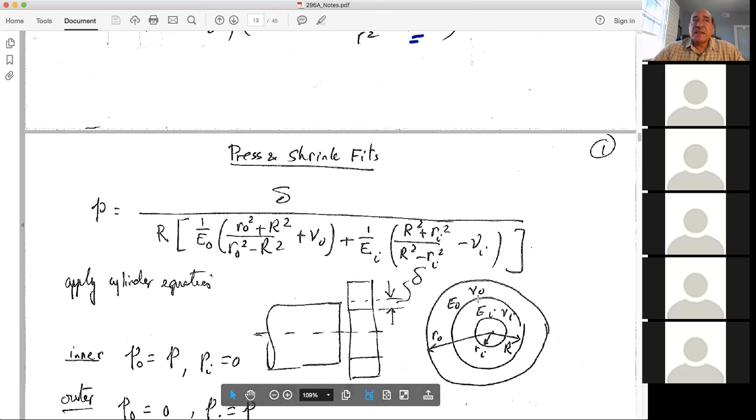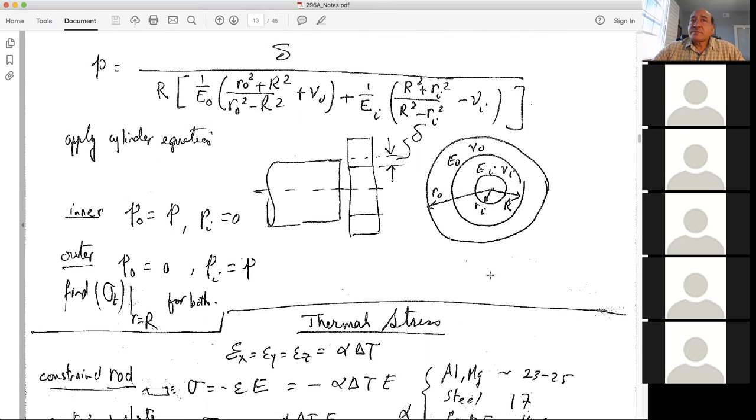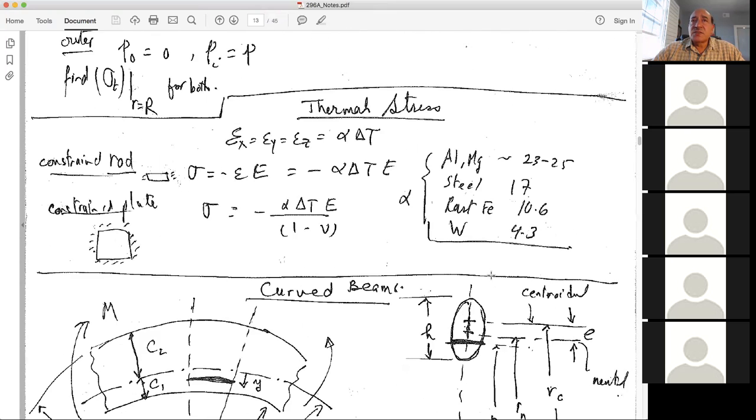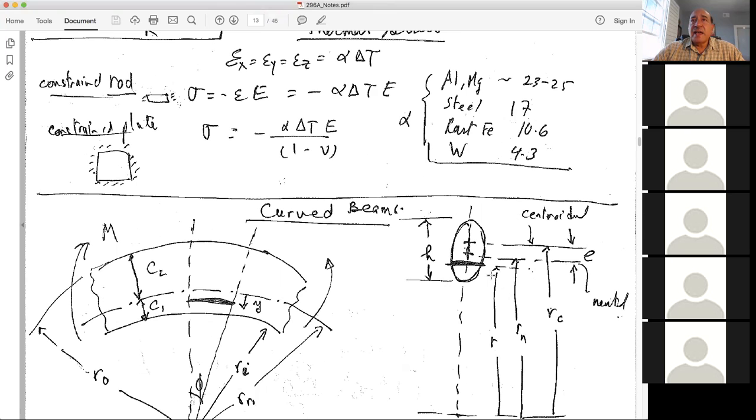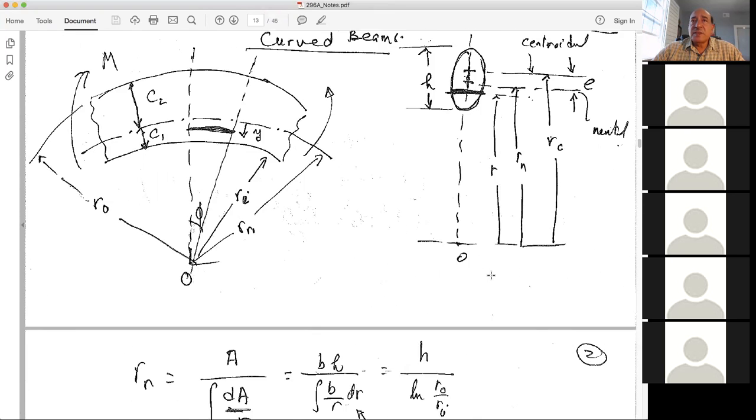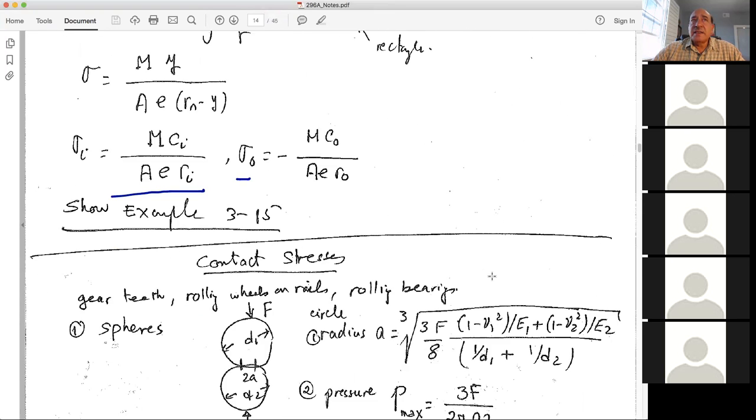So at the interface, we have an interference, delta. So this interference creates an interfacial pressure that is given by this equation, and we can find the stresses. And we will discuss also curved beams and find the stresses in curved beam systems and contact stresses.